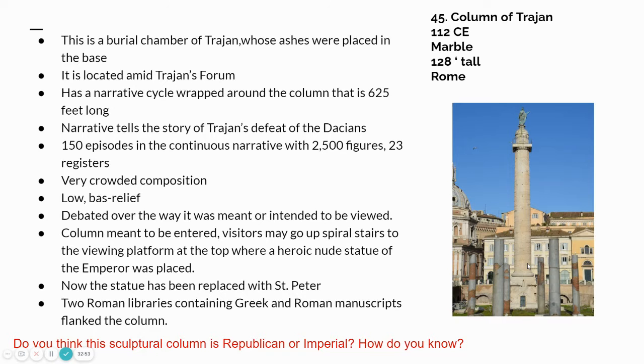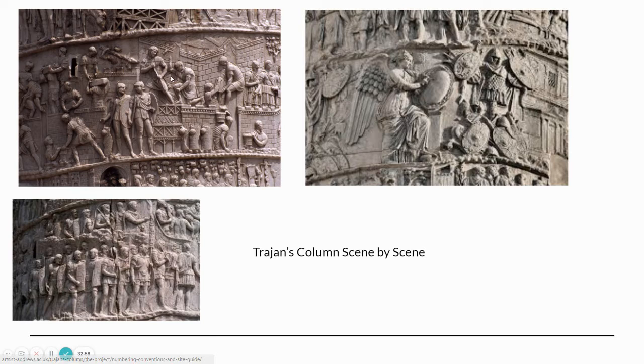It's a very crowded composition. If we go back and take a peek, we're definitely looking at a very crowded composition. It's busy. Even when we have negative space behind the figures, it's still treated architecturally. There's not just a lot of empty space around the figures.